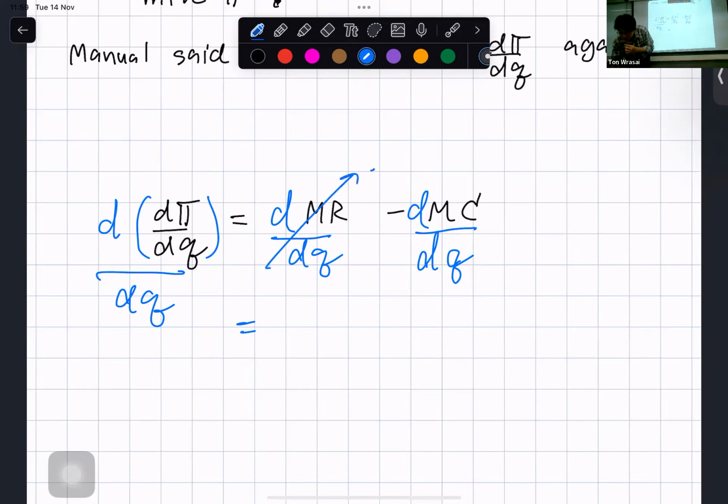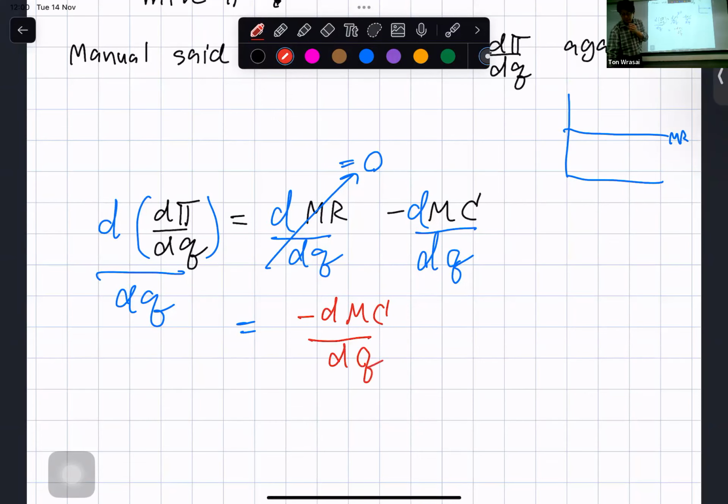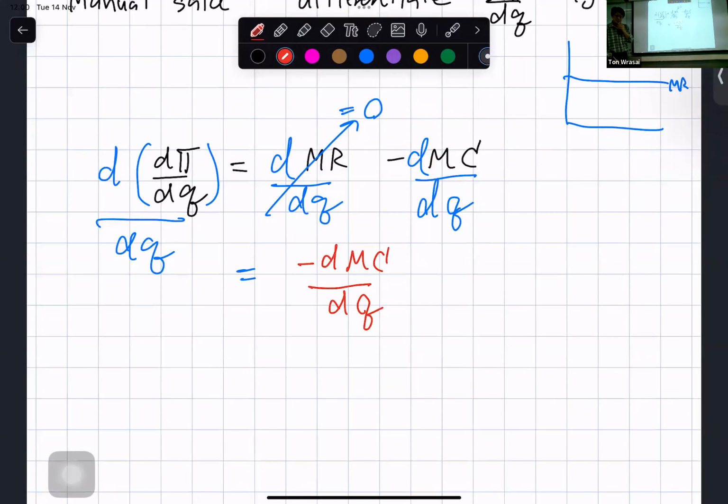So this term is just zero, because the marginal revenue curve has a constant slope, never changes. Take a look at the MR curve. It's flat, zero, no change. Now that leaves us only this term, with this minus sign as well.